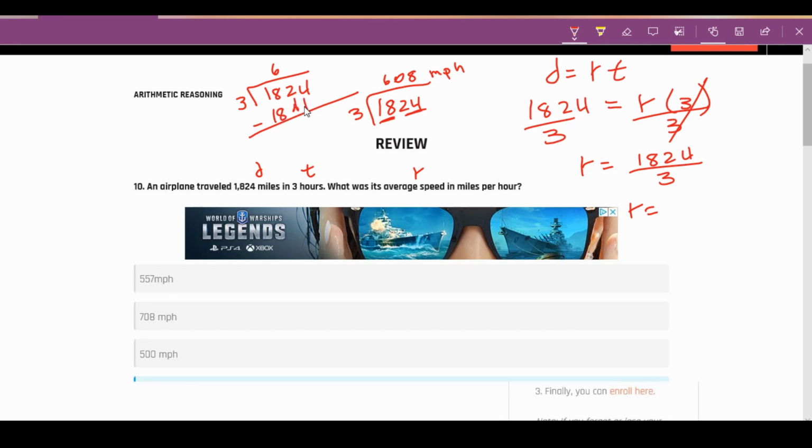We drop down this 2. We drop down this 4. 3 doesn't go into 2. It's too small, so we have to add a 0 there. 3 goes into 24 8 times. 8 times 3 is 24, with no remainder. So we know in this case the rate is going to be 608 miles per hour.